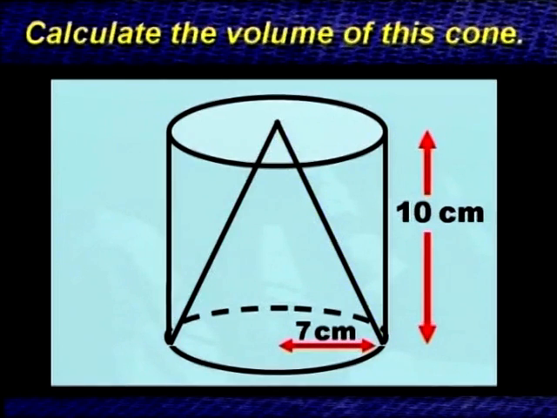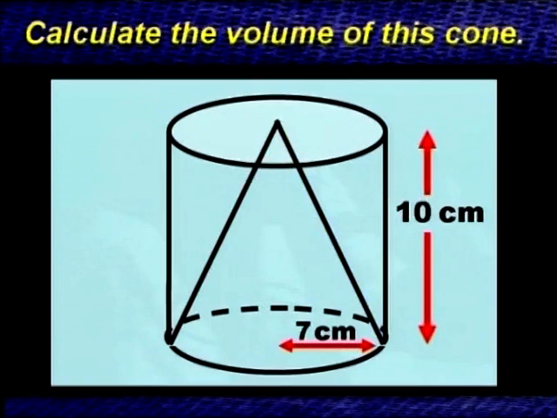What about the height? Is it also the same? Yes, okay. The height of the cylinder is also the same as the height of the cone. So the radius is 7 centimeters. The height is 10 centimeters.